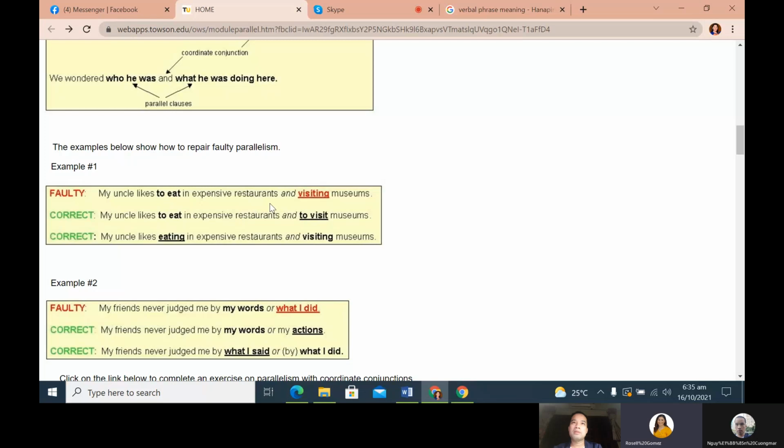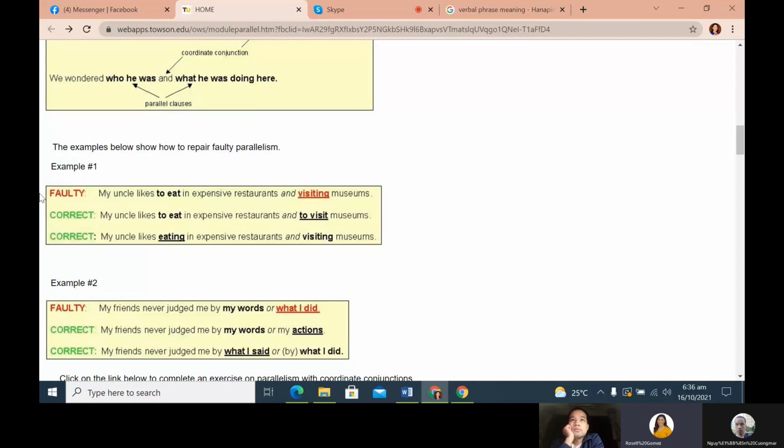Now my answer is wrong. This is not grammatically correct. Now, please listen to me. Please remember, when we learn about grammar, we need to consider two important things: the content and the structure. The structure means the way we write it correctly using the grammatical rules.